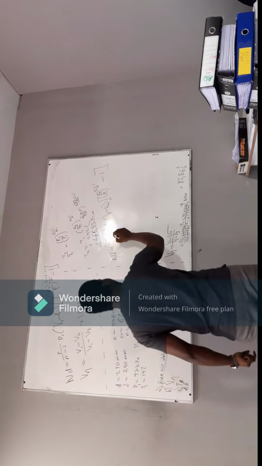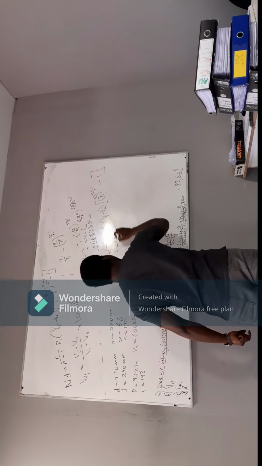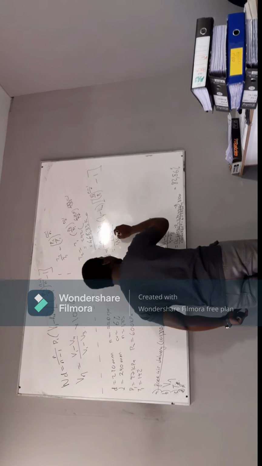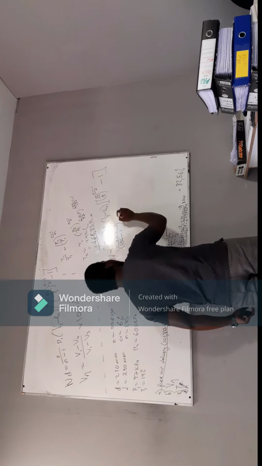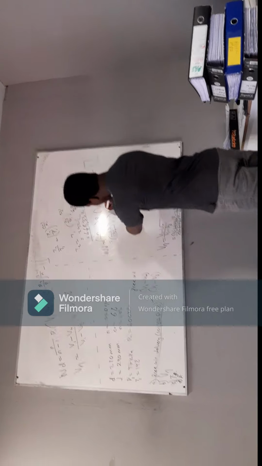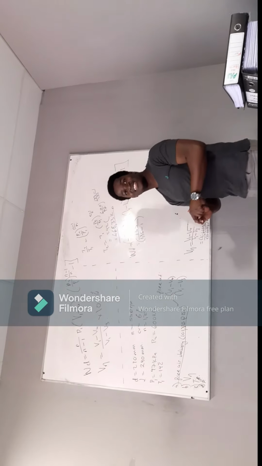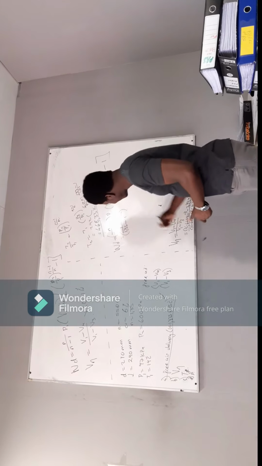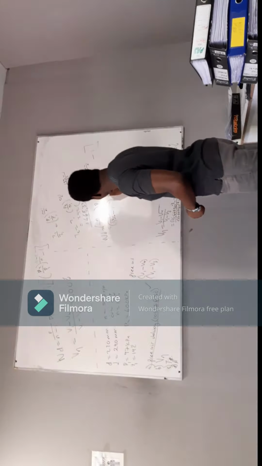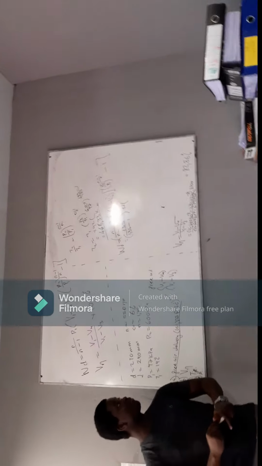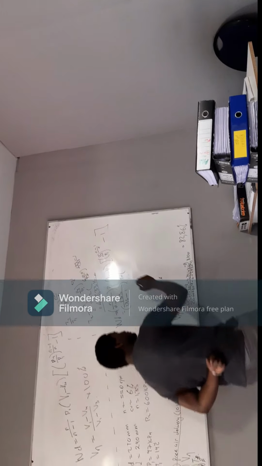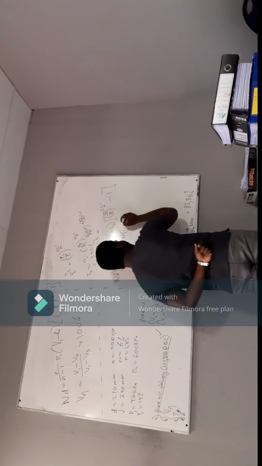Okay, so n is 1.35 divided by 1.35 minus 1, and then the value of our P1, which is 97. And then what's the value for my V1? 10.647 times 10 to the power of negative 3.